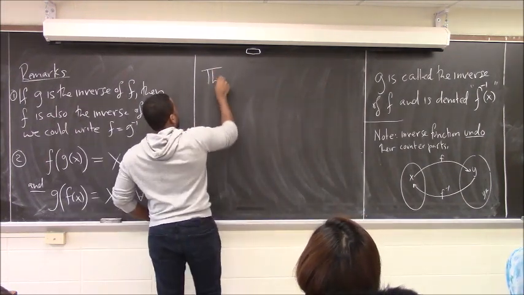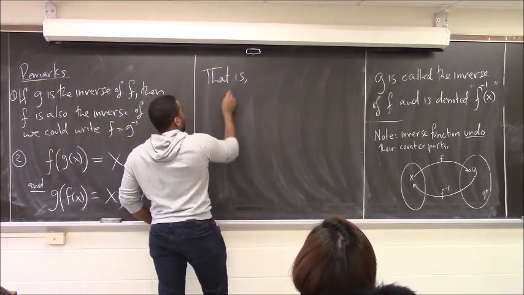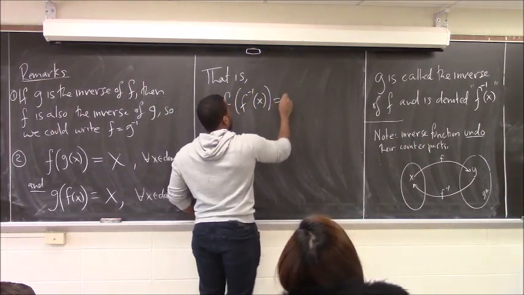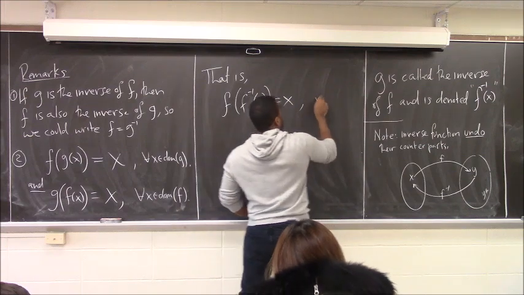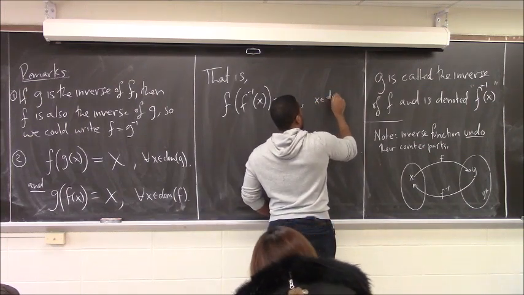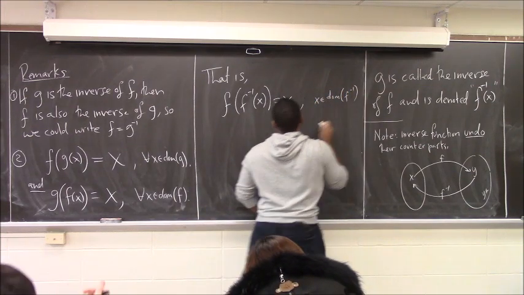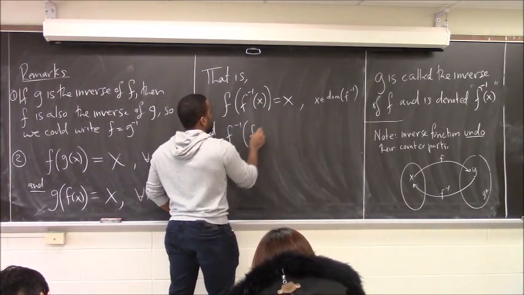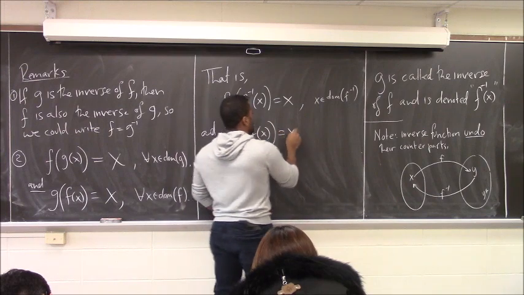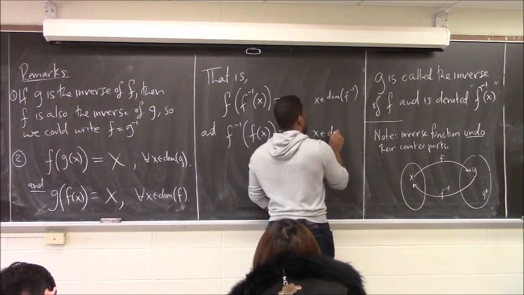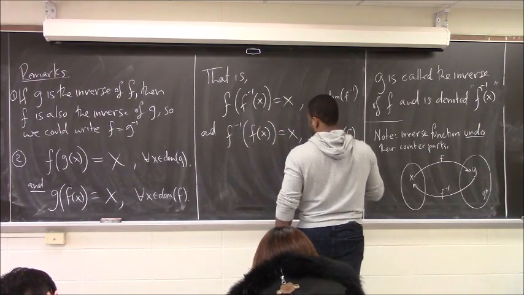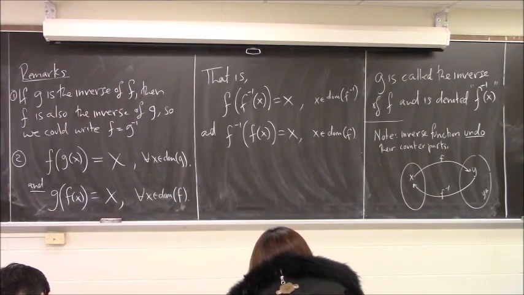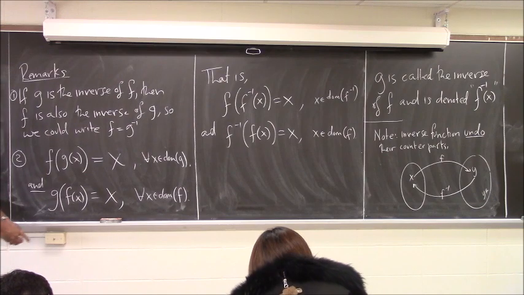So that is f of f inverse of x gives you x for all x in the domain of the inverse, and f inverse of f of x gives you x for all x in the domain of the function. So we have those two relationships that we'll be able to talk about inverses because they undo each other.